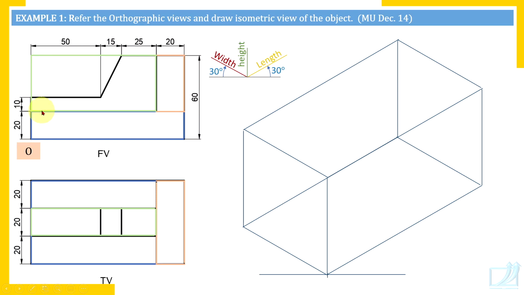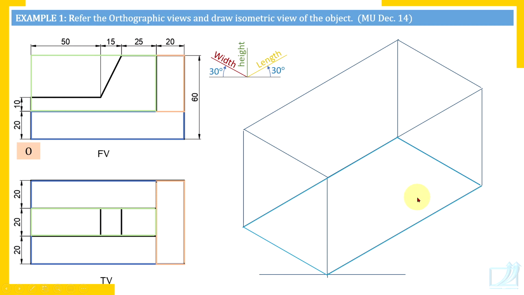So try to understand. First let's draw this base plate. The way we drew the box for the entire body, we are going to draw boxes for parts of the body. So for the base box, what is its length? Its length is 110, width is 60. So this is how I have constructed the base.